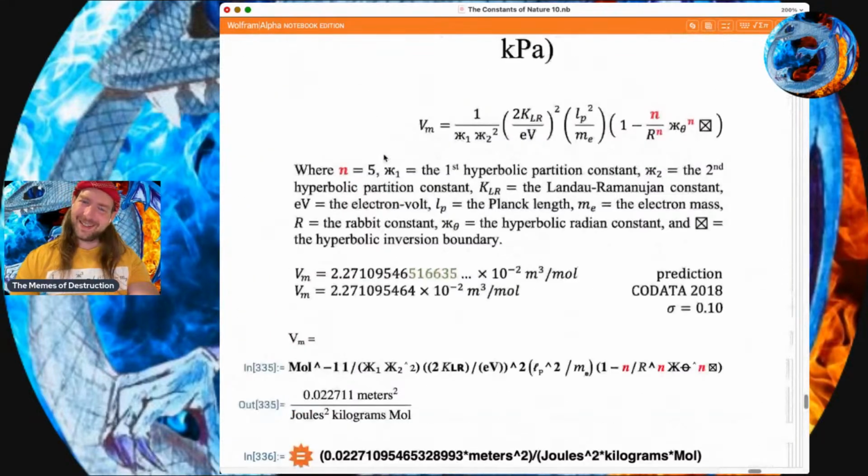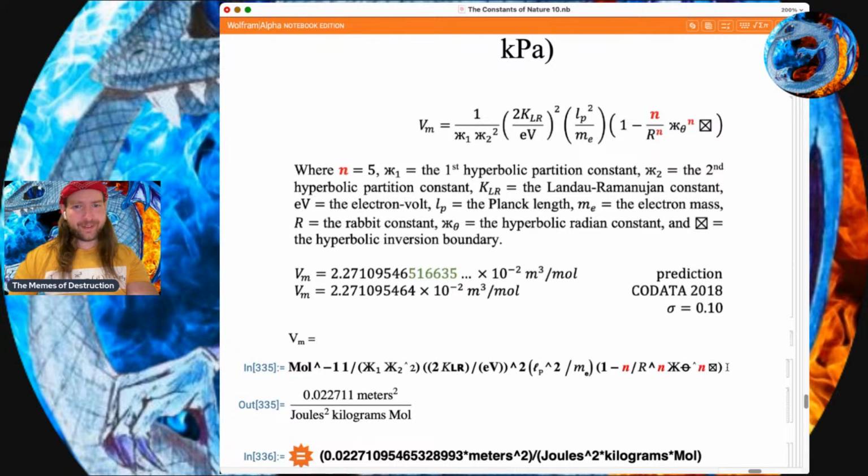Let's see. 1 over J1, J2 squared, blah, blah, blah, divided by the electron volt squared, length squared divided by mass electron.